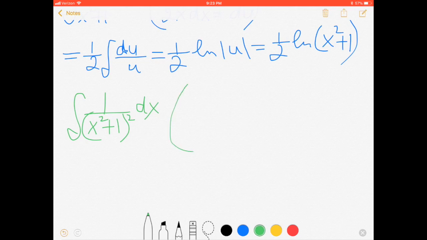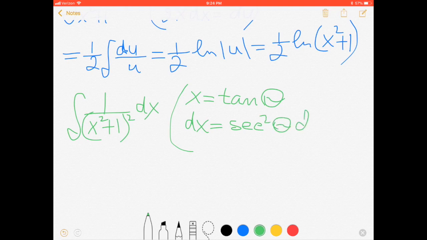Because you have a sum of a function plus a constant, we can use the substitution x equals tangent theta, dx will be secant squared theta d theta.